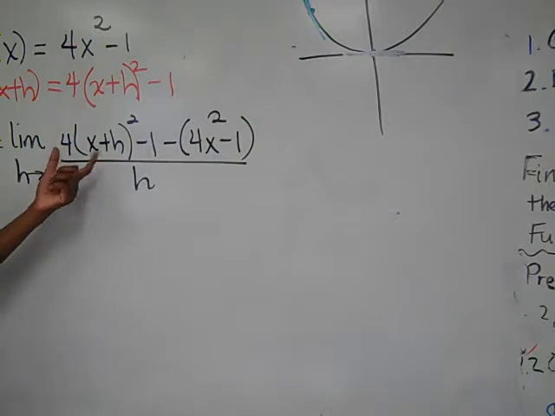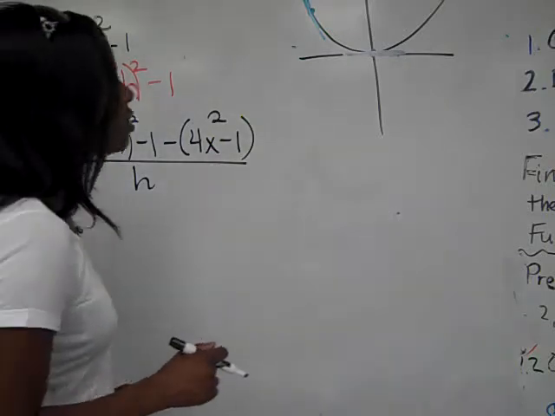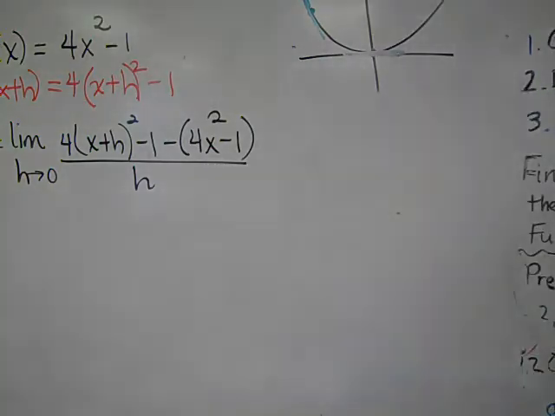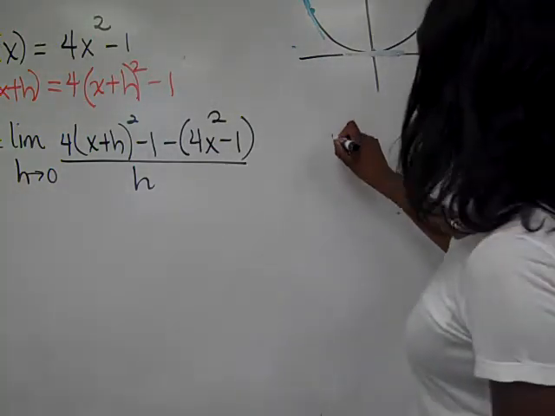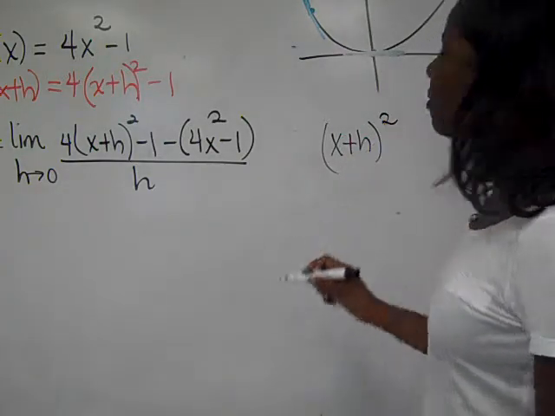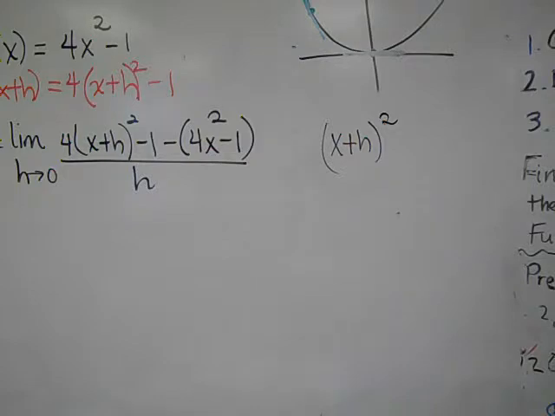Now, we need to clean this up, but I'm going to do a little sidebar because I don't want us to go to math jail, because almost every time I do this, students go to math jail. Math jail? What's that? It's a very bad place that you go when you make common math mistakes.